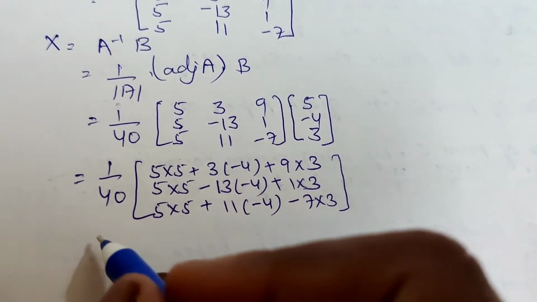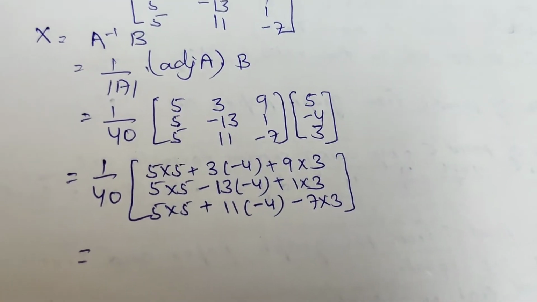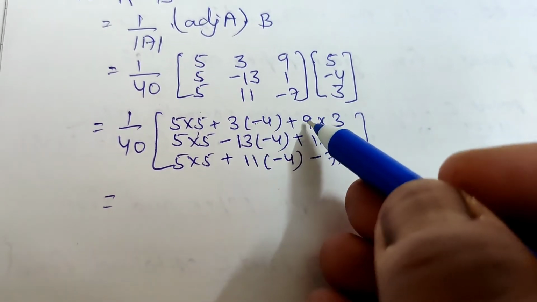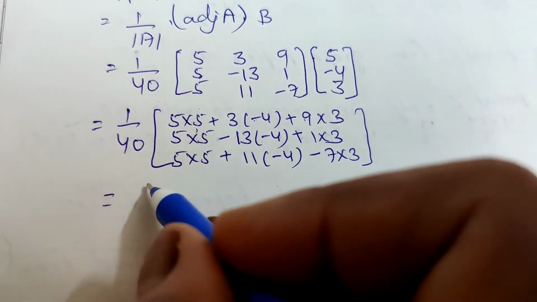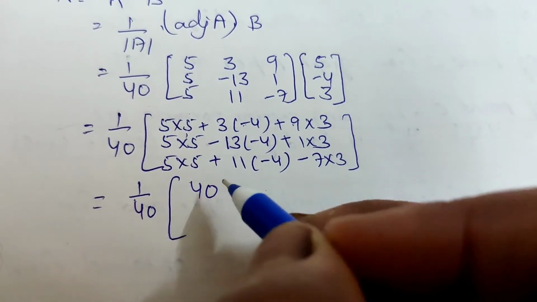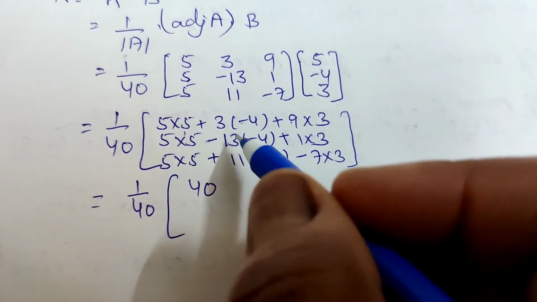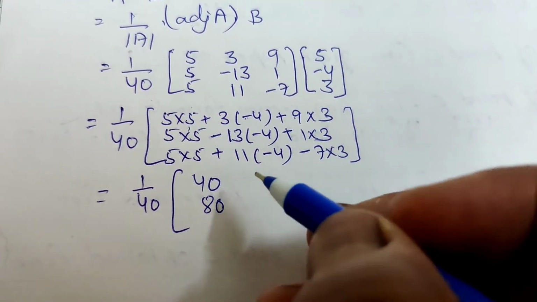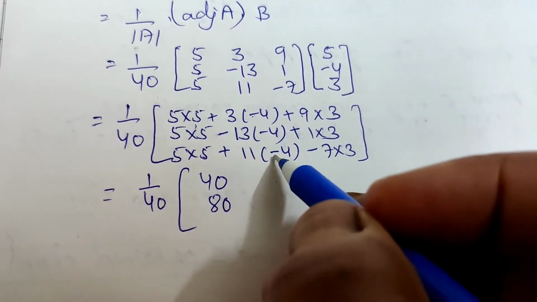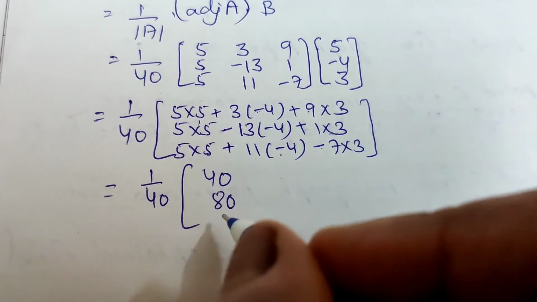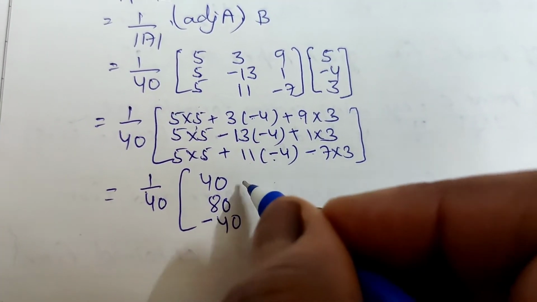Now calculate. 25 minus 12, 13, 13 plus 27, it is 40. Next 25 plus 52 plus 3, it is equal to 80. And 25 minus 44 minus 21, it is equal to minus 40.